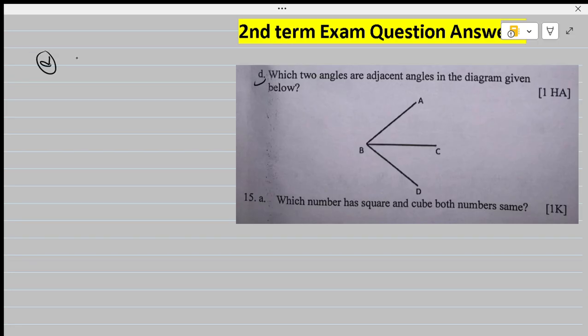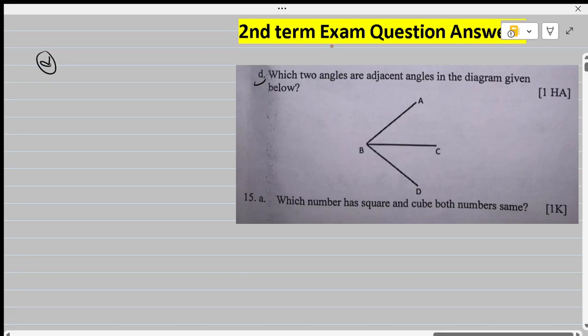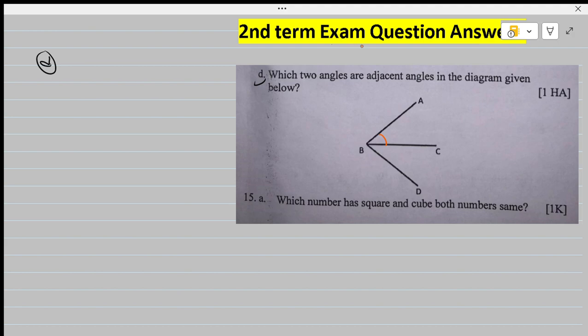Which two angles are adjacent angles in the diagram given below? Adjacent angles are those two angles which share a common edge or common side, is it? So here you see two angles. One is angle ABC, which has BC side and AB side, and another angle is this one, CBD, which has its two sides BC and BD. So here the common side is this one, is it? So these two angles ABC and DBC are sharing the common side BC, so these two angles are adjacent angles.